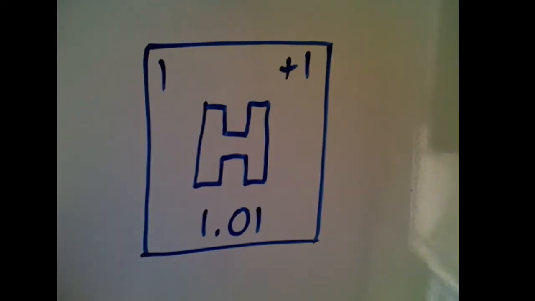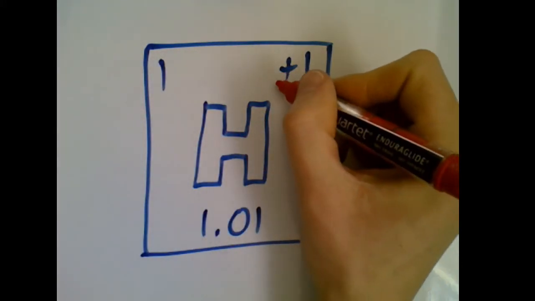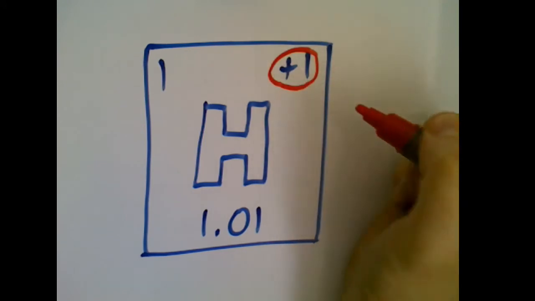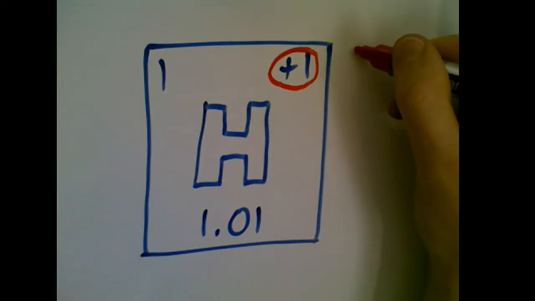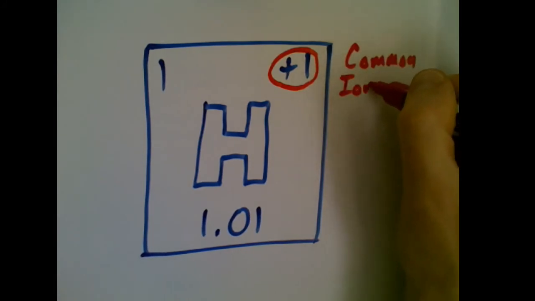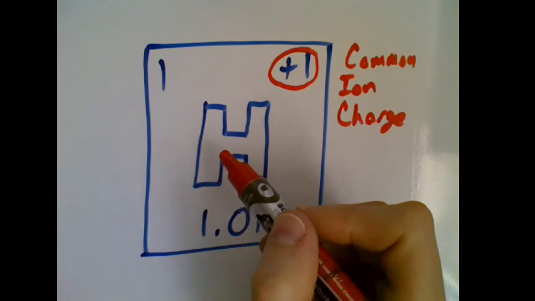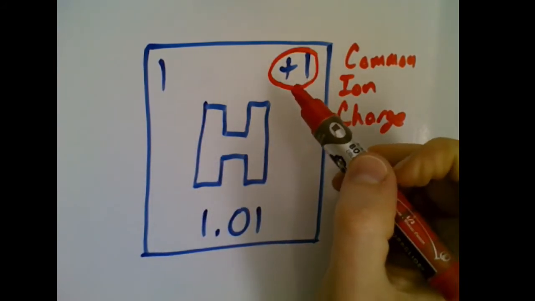Now there's one other thing that I wanted to show you about ions. What I wanted to show you about ions relates to the periodic table. Remember, when we originally learned about the periodic table, I mentioned there is this number in the top corner, and this is the common ion charge, meaning that this is the charge that hydrogen will usually take.